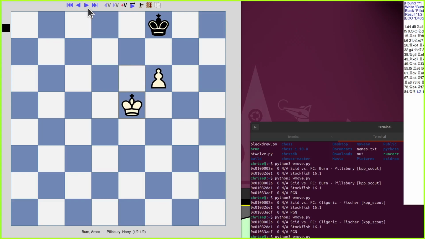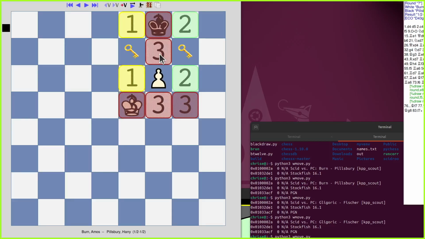So this position is drawn. Now remember what we highlighted before. We have key squares there, and then you've got the matching corresponding squares there and there, and then you actually have matching corresponding squares, and also the f7 square is a corresponding square.